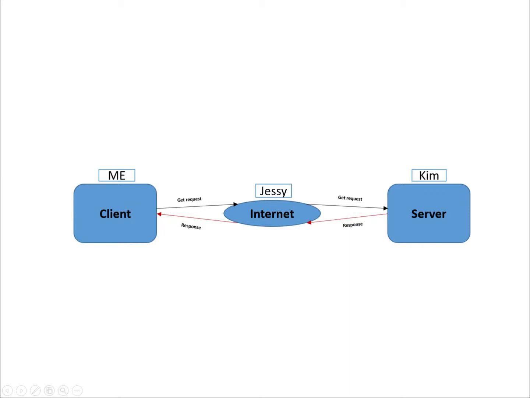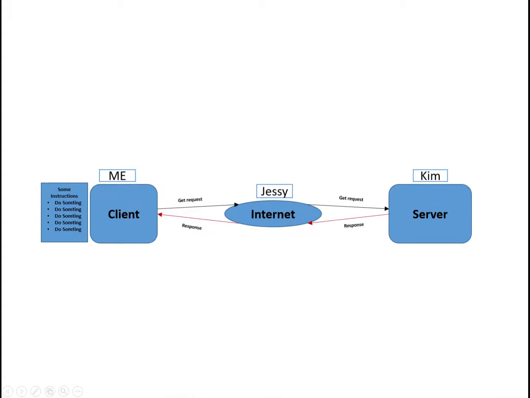Let's take this analogy just a little bit further. Let's imagine I send off a GET request to Kim, but I have got some plans in mind for what I want to do with it when the response gets back. So, when I send off the request, I take the instructions and set them aside for myself, and they will patiently wait right here.